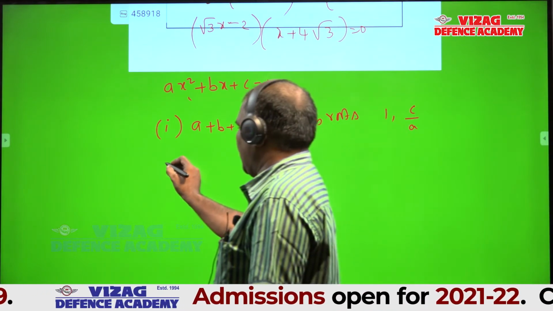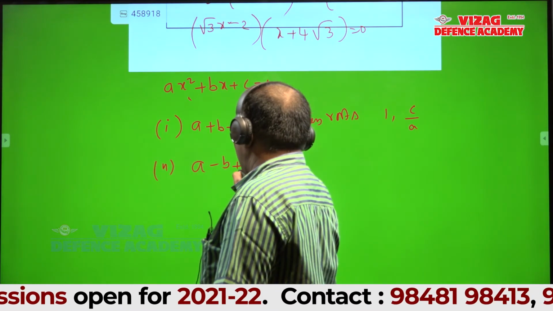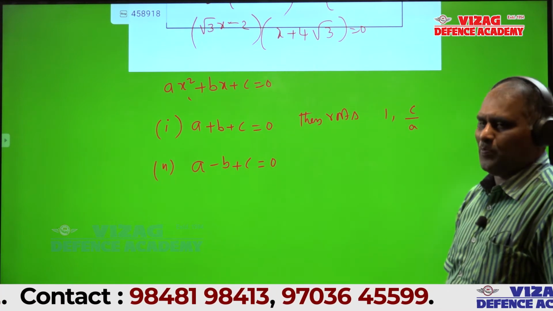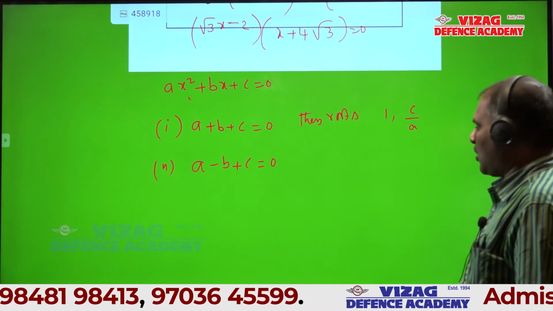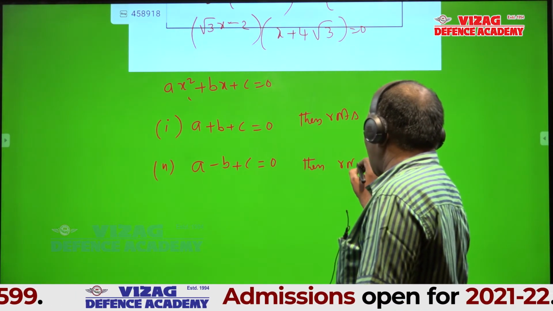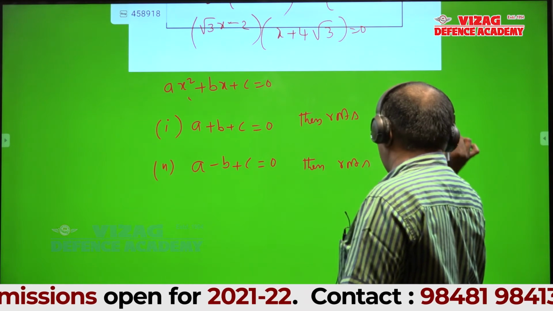Second point: when a minus b plus c is equal to 0, then the roots are minus 1 comma minus c by a.